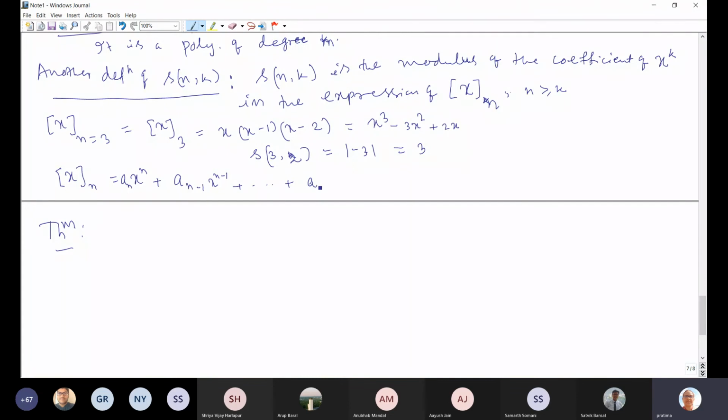You could have written here a_k x^k, and it goes like this, decreasing, a_1, and that x factor will be there actually. So if you write in this form, we get the Stirling number of first kind s(n,k) equal to the absolute value of a_k in this expansion.